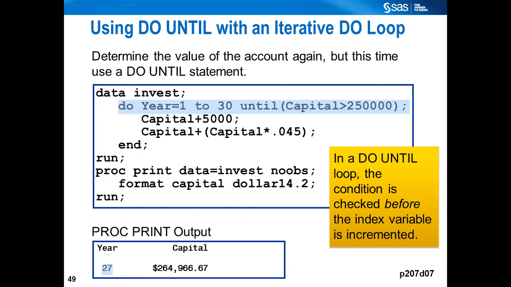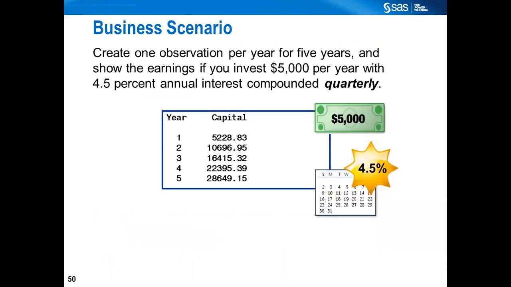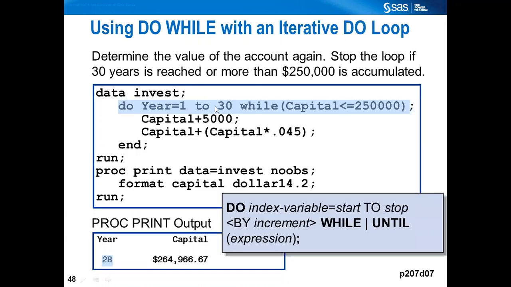And in the while statement, it checks the condition at the bottom of the loop, right? With while, it will get incremented. That's why it's coming 28. All right, so this is how your loops work.